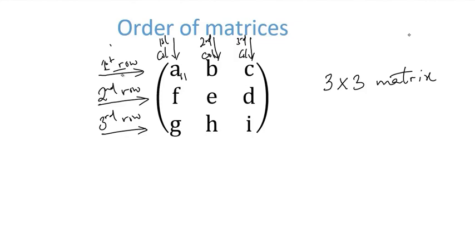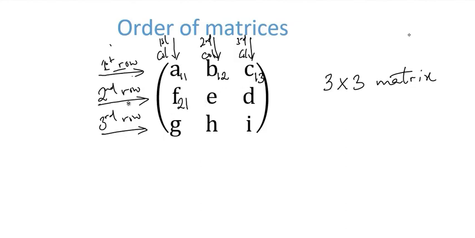This one is first row, second column. This C here is first row, third column. This F here is second row, first column.